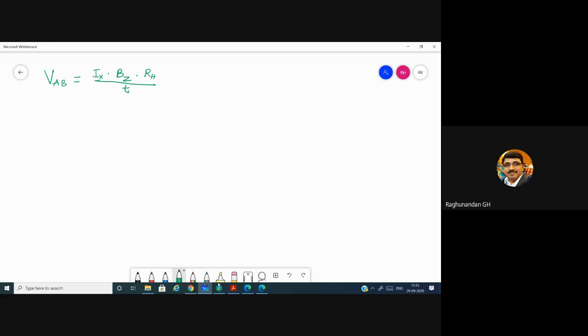Now go back to the question. Just add these parameters also in the given values. In that you add Ix is equal to 1 milliamp. Bz is equal to 10 to the power of minus 5.